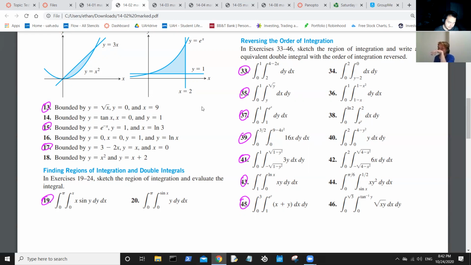Because then if we're looking at vertical cross sections, our bounds are a constant lower bound of y equals 0 and then an upper bound of y equals root x. Because if you're taking vertical cross sections, the lines are going up and down.